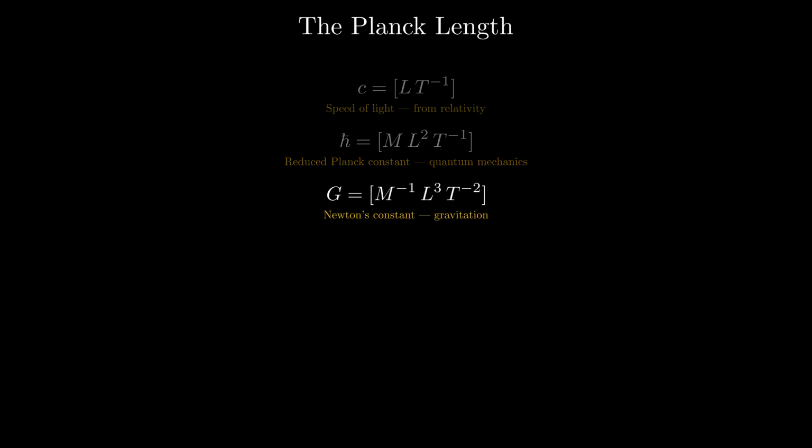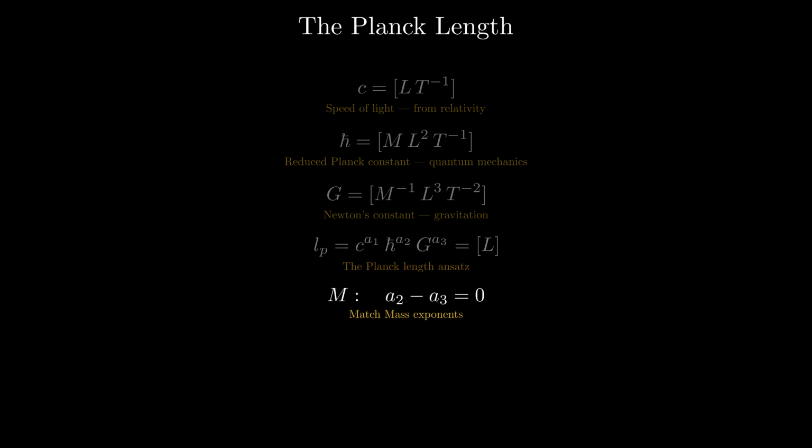And Newton's gravitational constant G, with dimensions length cubed over mass over time squared. Now ask one question. Can we combine these into a length? Write the length as c to the power a1 times h bar to the power a2 times G to the power a3, and demand that the total dimensions equal pure length, then match each dimension separately.